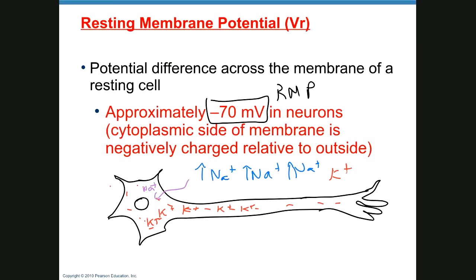By the same token, if potassium gates were to open, potassium would diffuse out of the cell following a concentration gradient. So as long as gates are closed, the resting state of the neuron remains at minus 70 millivolts.